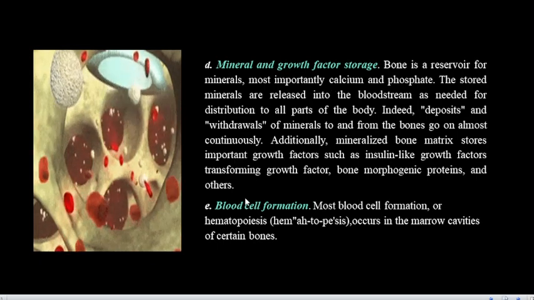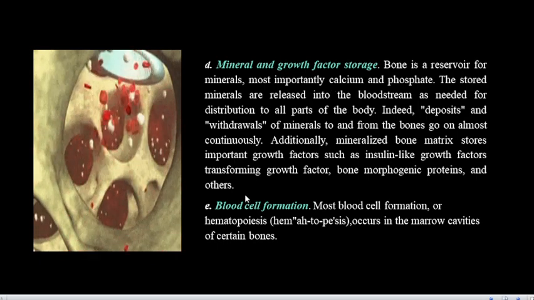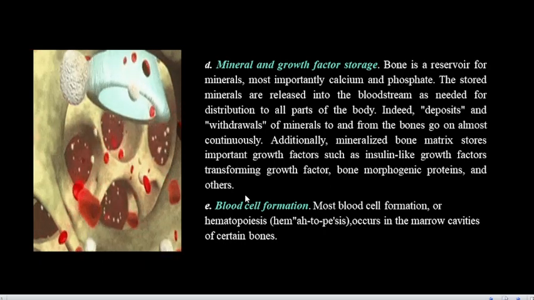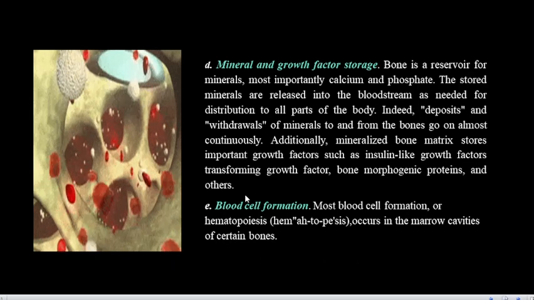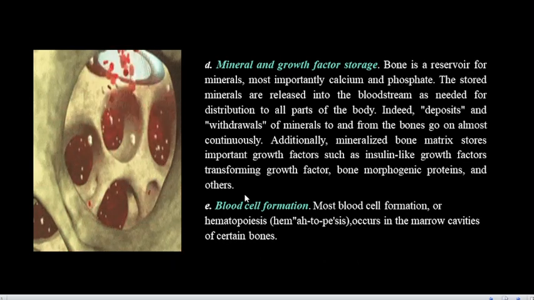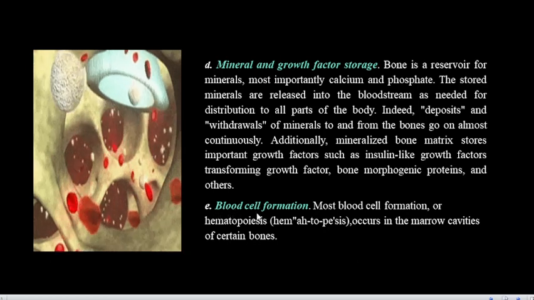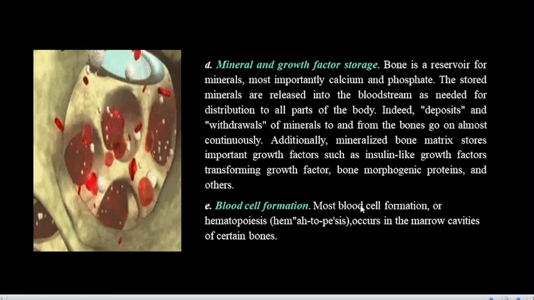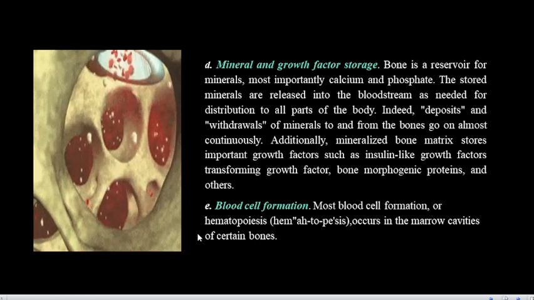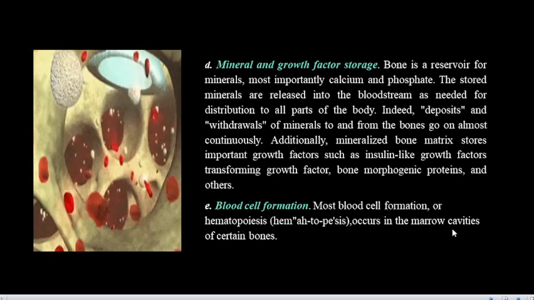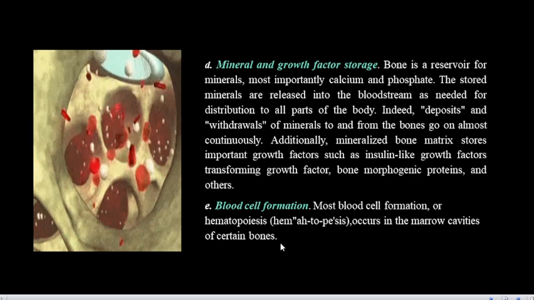bones. So, ang bones natin, hindi lang ang function niya para mag-support. Para rin siya sa storage of different nutrients, minerals, and substances. Okay? Another function is the blood cell formation. So, most blood cell formation or what you call the hematopoiesis occurs in the marrow cavities of certain bones.